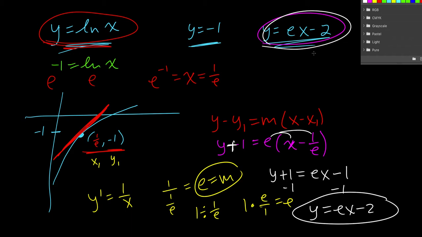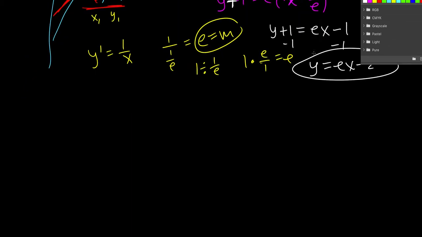All right. So we have 2 more examples, so we'll just keep going. It says find where the tangent to y equals x cubed plus x plus 2 at 1 comma 4 meets the curve again.